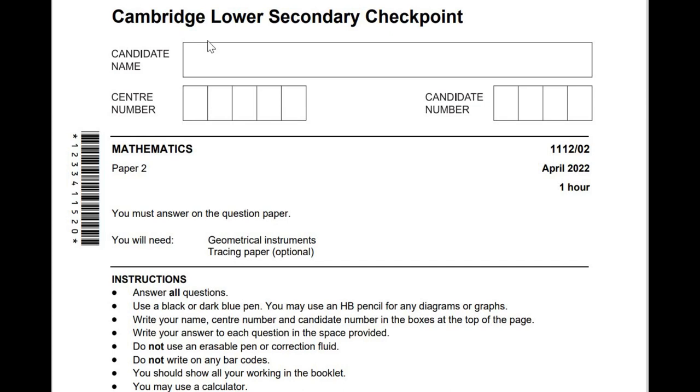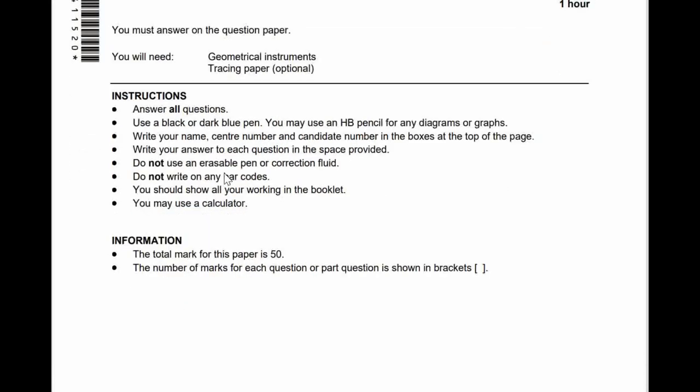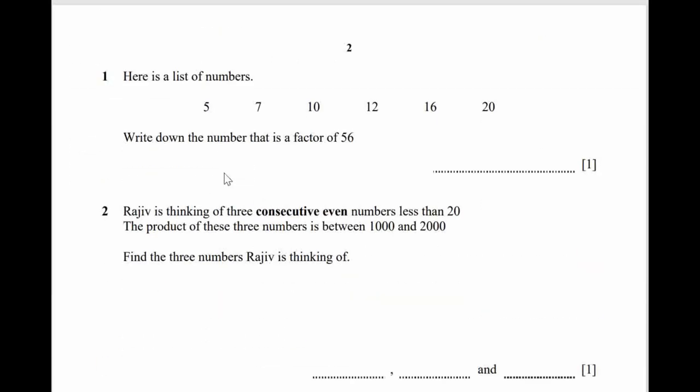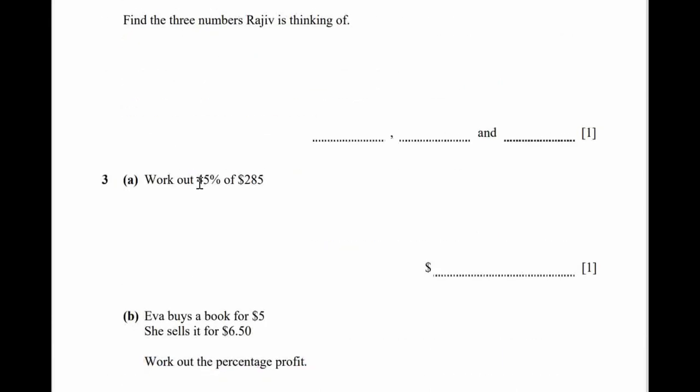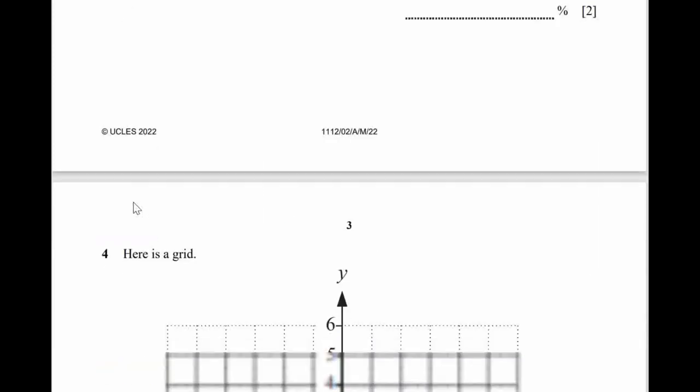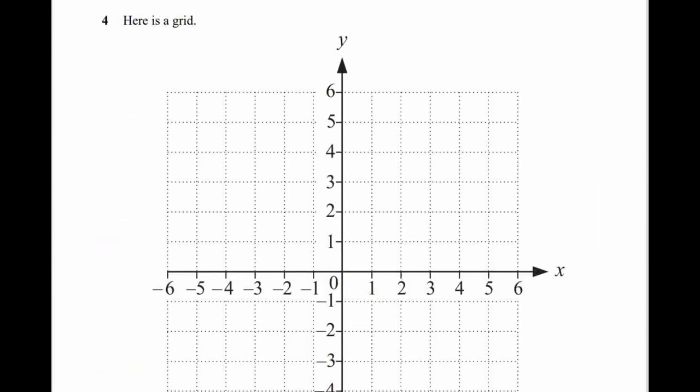So this is the question paper, which you may take a screenshot of. This is the first page: question numbers 1 and 2, continued by question 3 A and B, and question 4.